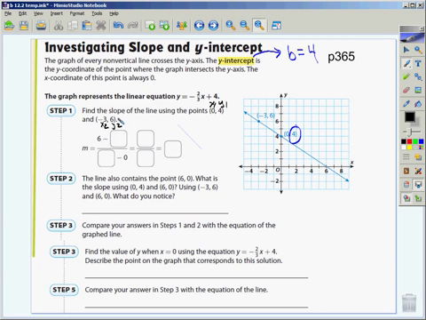So it says y2, 6, minus y1, 4. 6 minus 4, over x2, negative 3, minus x1, 0. What is 6 minus 4? 2. Negative 3 minus 0. So the slope of this line is a negative 2/3.